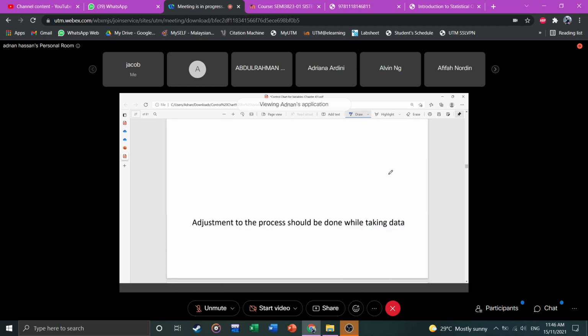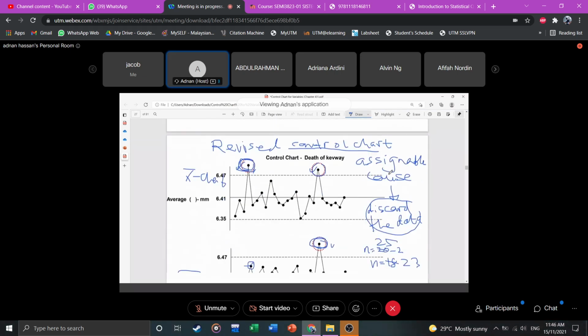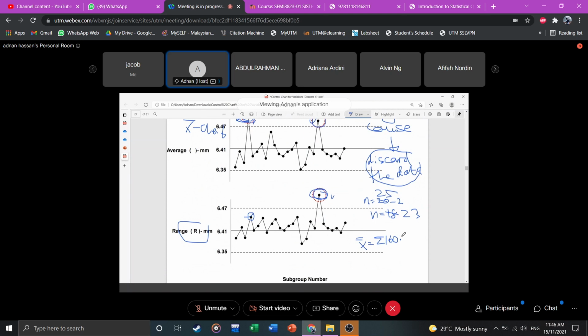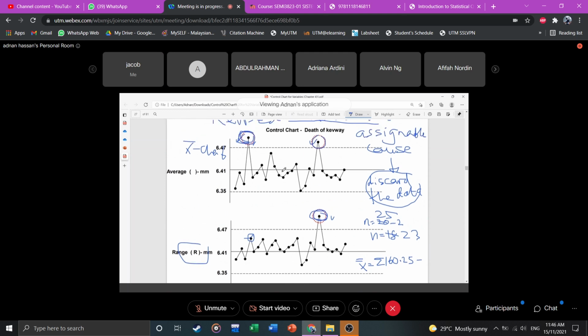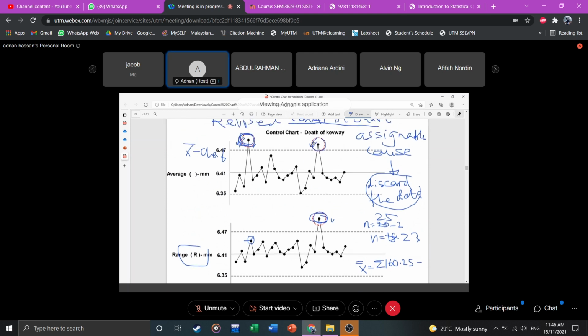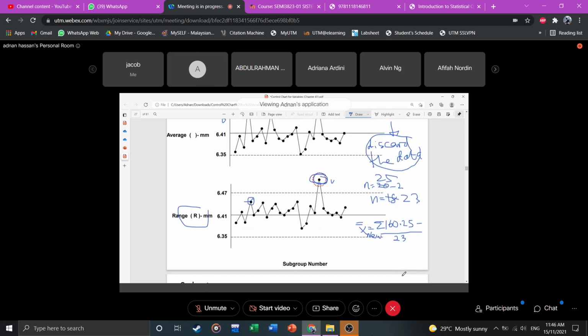So we subtract this value, and then divide by 23. So we will get x double bar, which we call x double bar new.